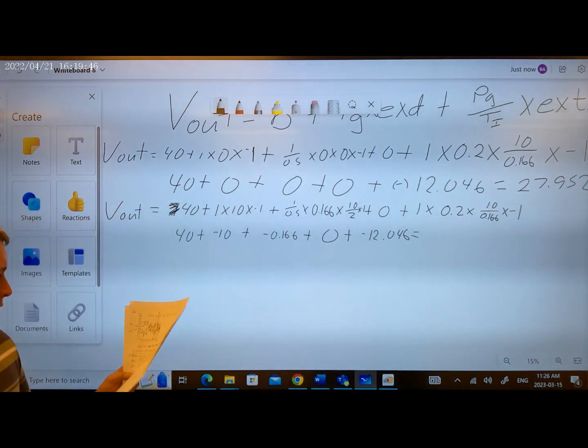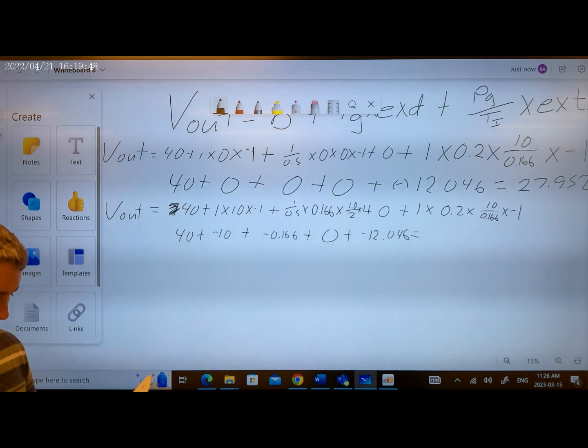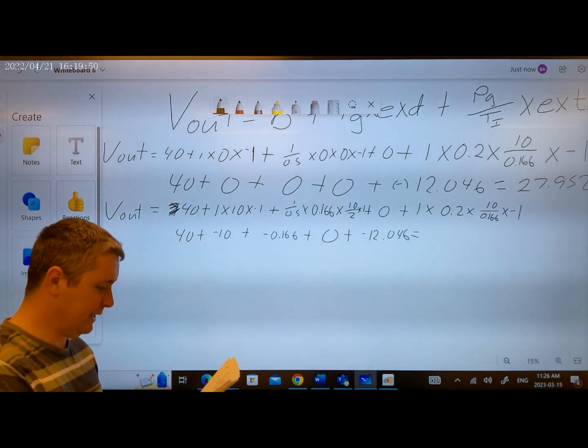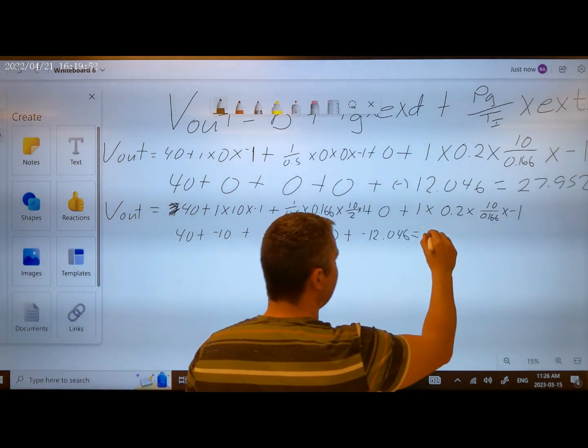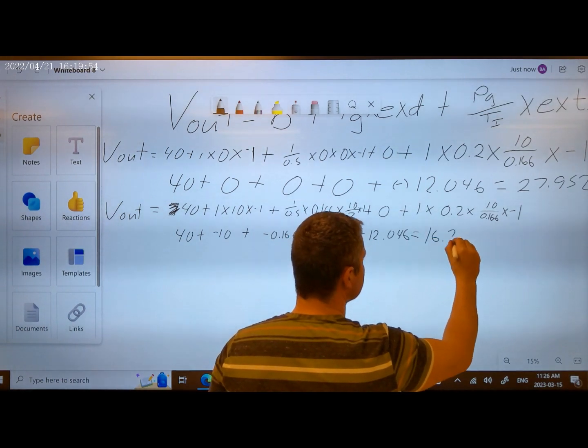When you add all those up, it should be 16.29.